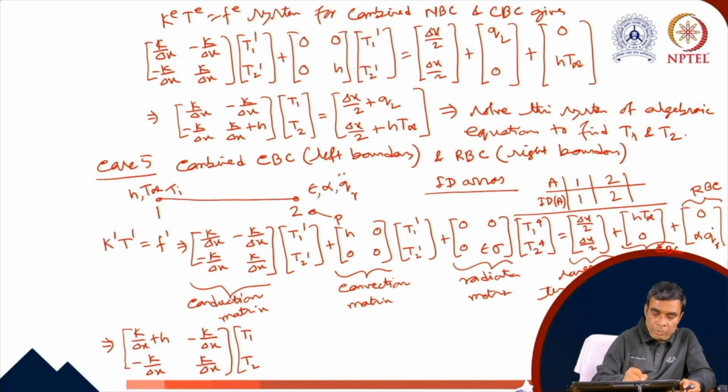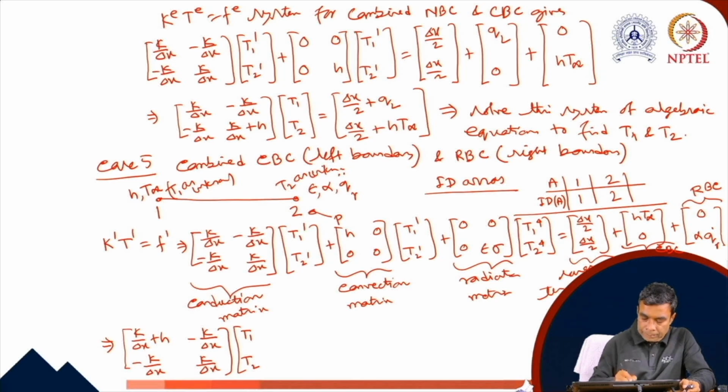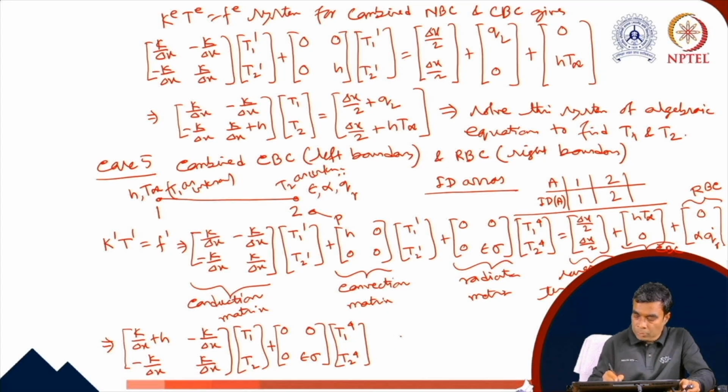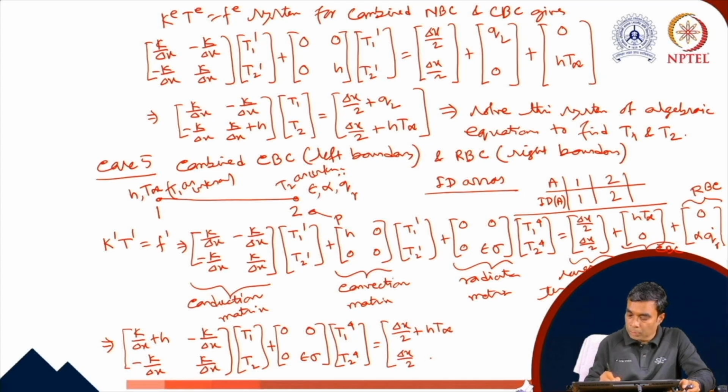So here we get T1 as unknown, T2 as unknown, plus 0, 0, 0, εσ, times T1^4, T2^4, equals Δx/2 + h T∞, Δx/2 + α q_r dot.